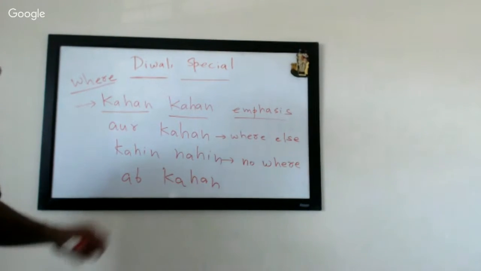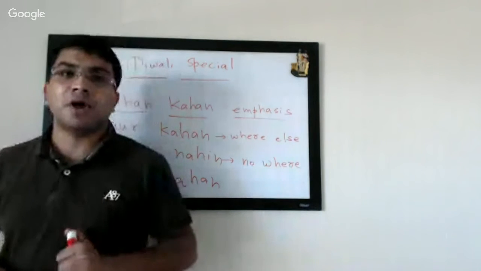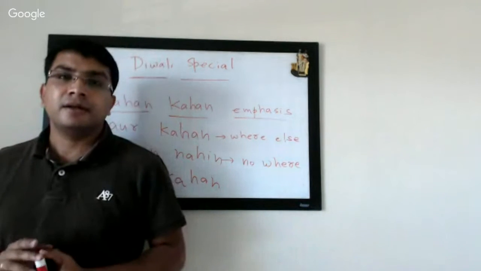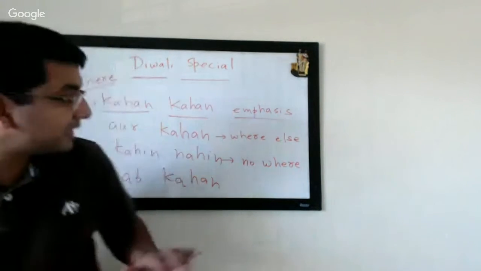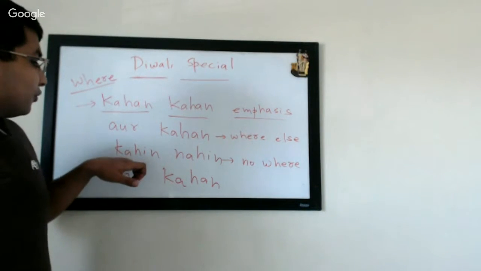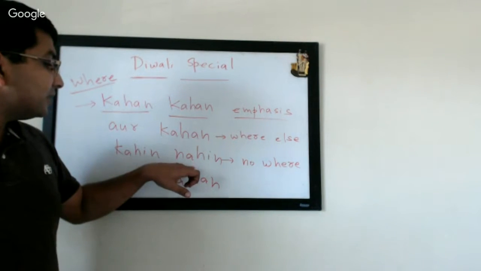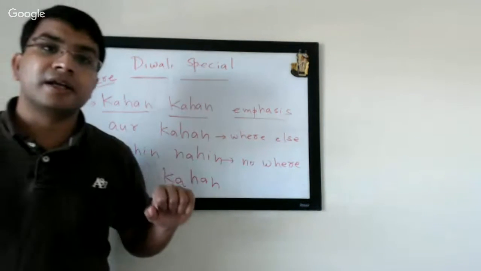So the third one is nowhere. So let's say if somebody asks me about a festival which is not celebrated at all anywhere. So you can say कहीं नहीं मनाते हैं.